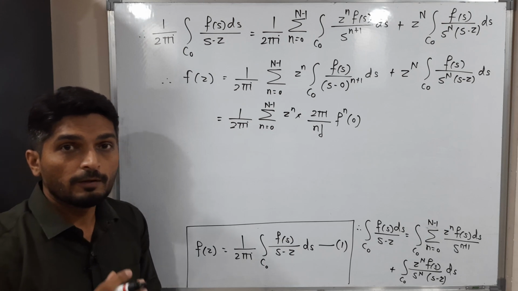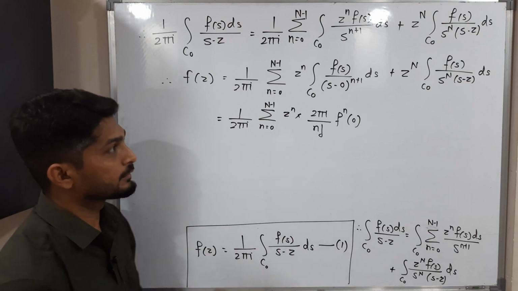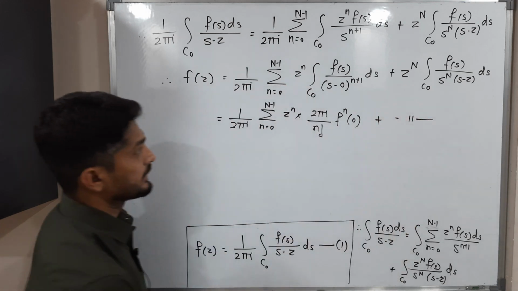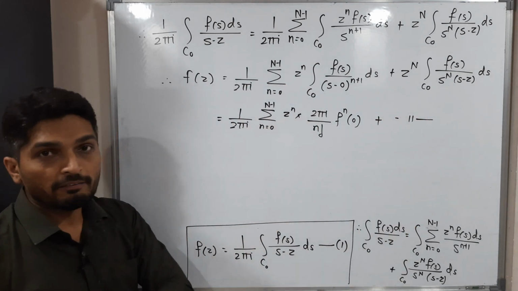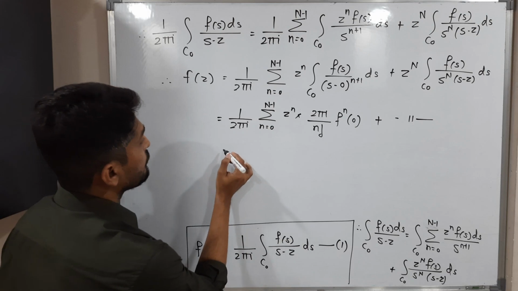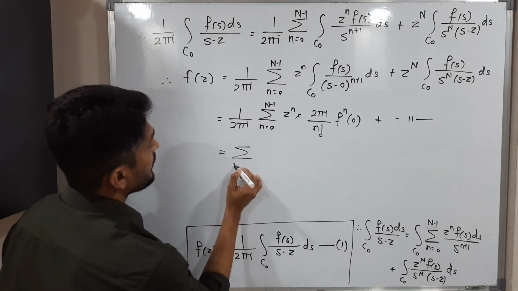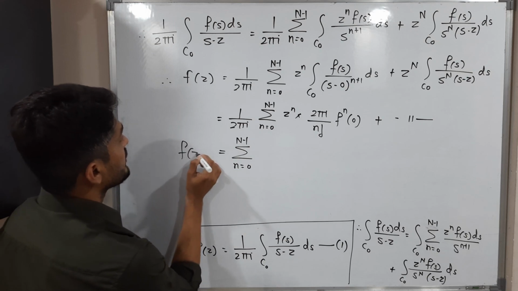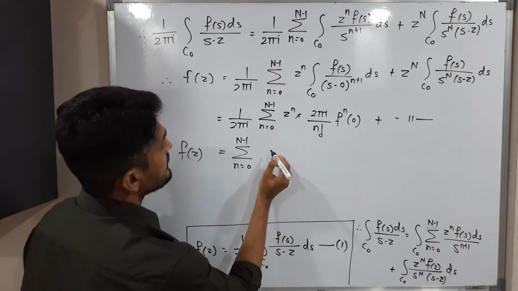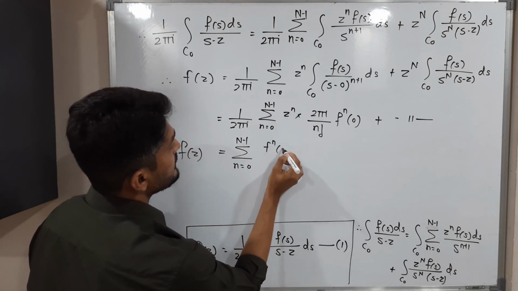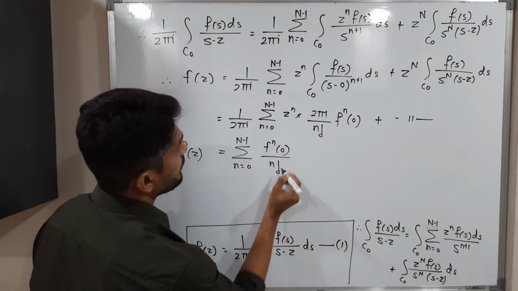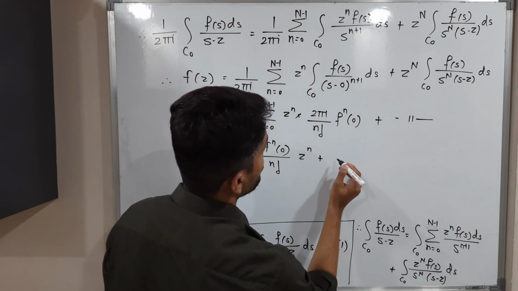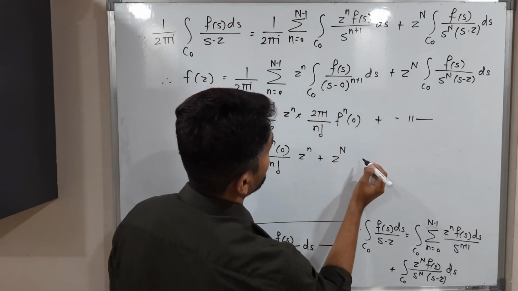By the extension of Cauchy's integral formula we got this one, plus let me copy as it is. So I'm copy-pasting. The 2 pi i and 2 pi i will cancel each other. Finally, we have the summation with n running from 0 to n minus 1. This is our f of z, and this is the nth derivative of f at 0 upon n factorial, with z raised to n, plus I should copy this part also, z raised to n.